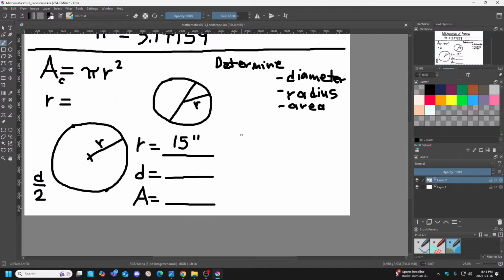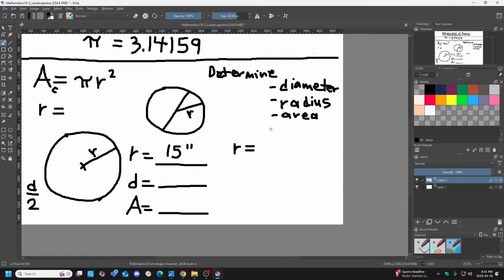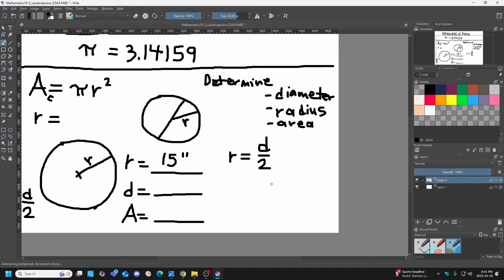Let me just show you something here. R is equal to D divided by 2. So how do we rearrange this formula so that we're solving for D?